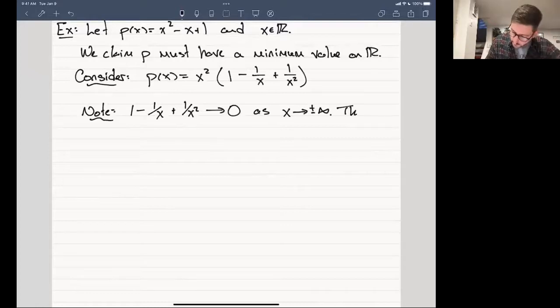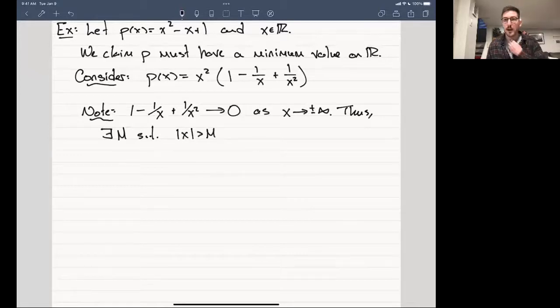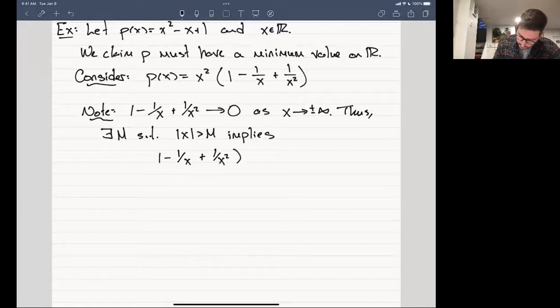Thus, that tells us that there exists some capital M such that if you look at x outside of that region of M, then this implies that 1 minus 1 over x plus 1 over x squared is greater than 1/2.